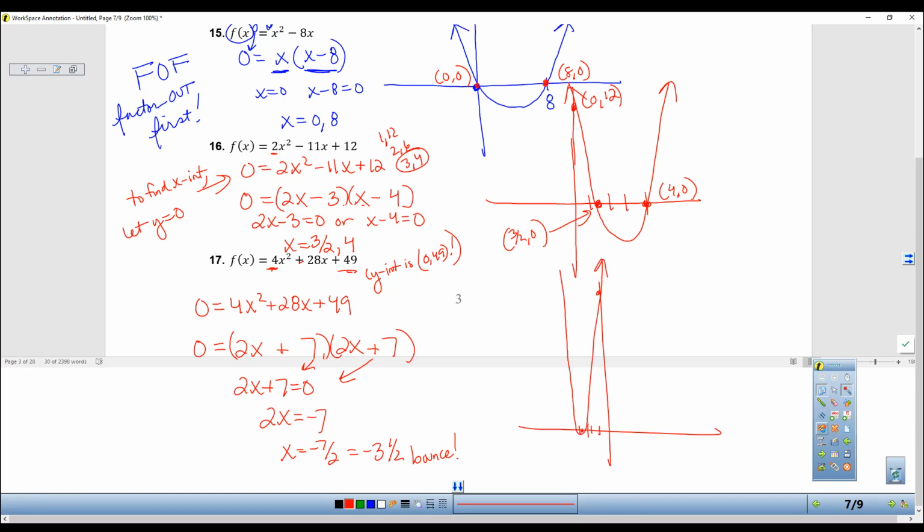Okay, that was a terrible bounce. The whole point is to not go through. Bounce. There you go. So there's my 0.49. There's my bounce at -3.5. And there's my quick sketch, which I did happen to find the vertex in this case, but you're not required to.